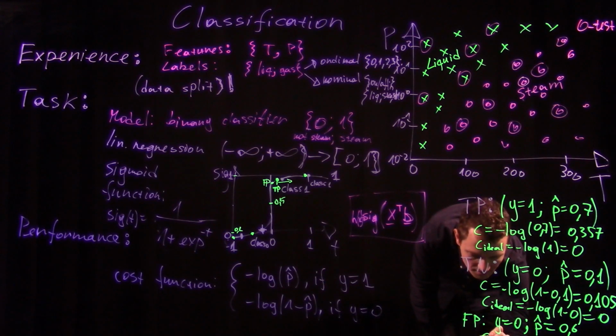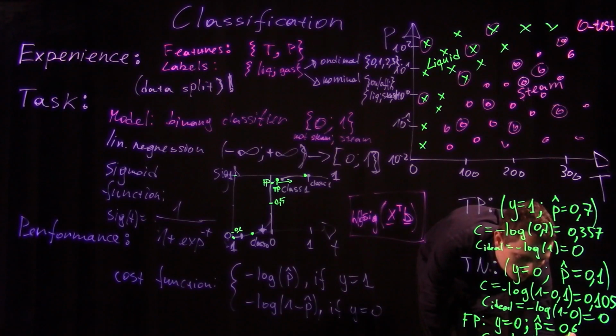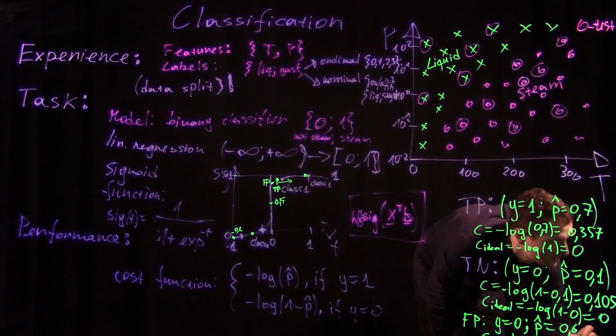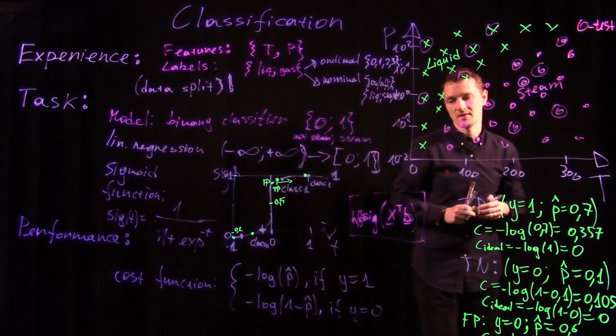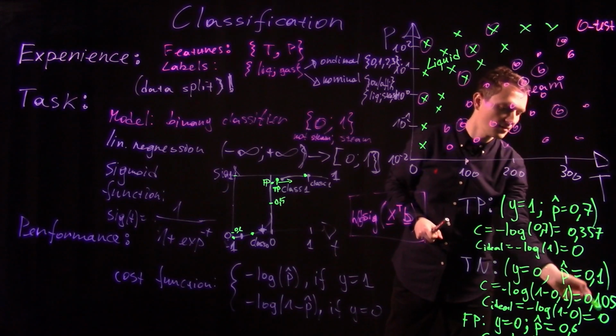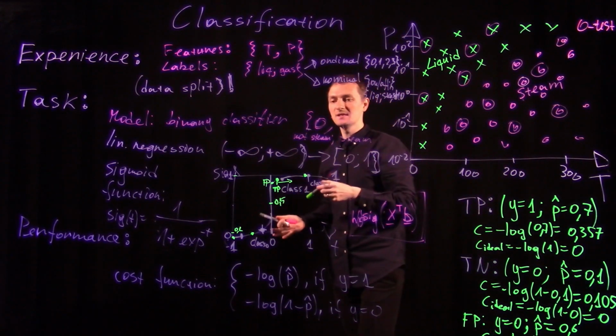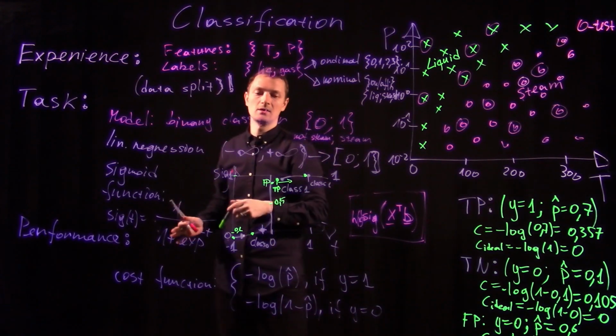In this case, we can calculate the cost function, and it will be minus logarithm of 1 minus 0.6, and it will be about 0.916. That means we have a greater value than in previous cases, and that's exactly how you can define whether these points are classified correctly or not.